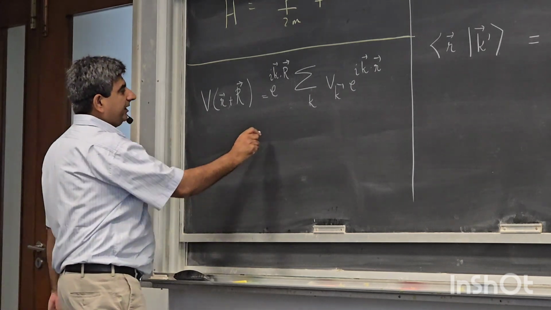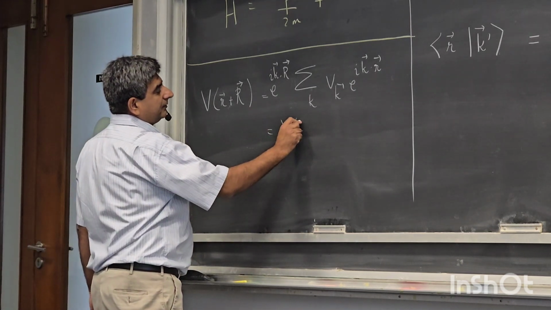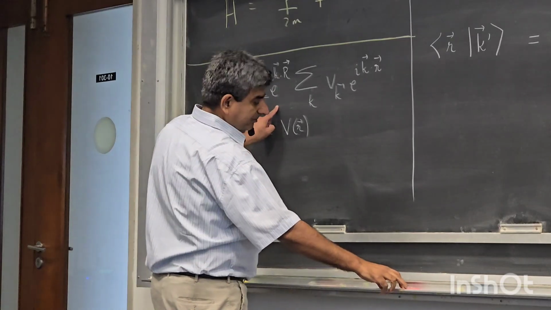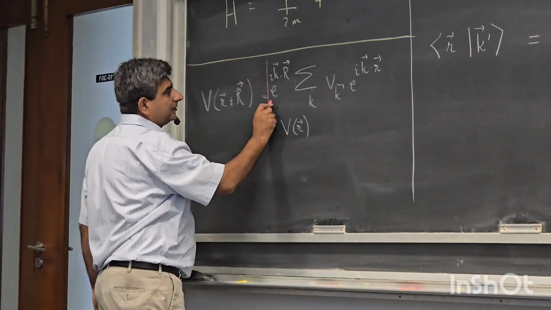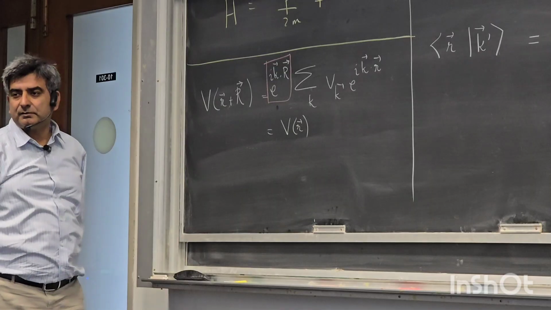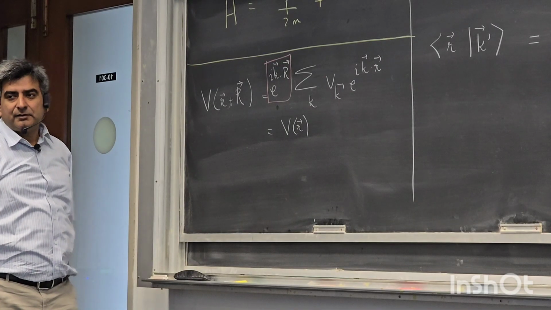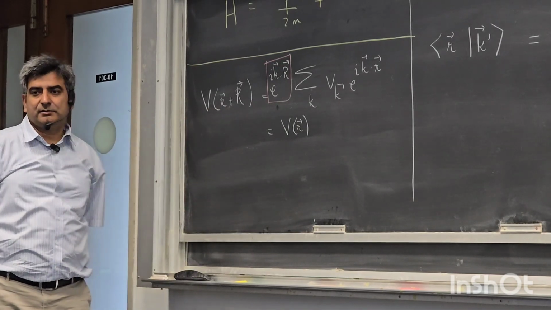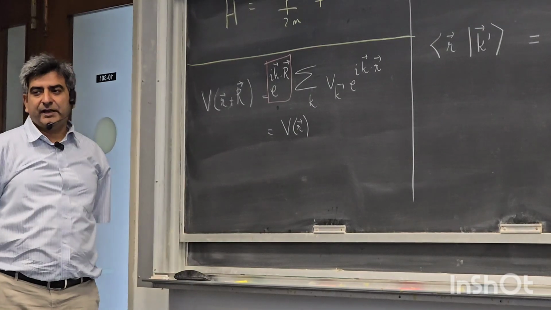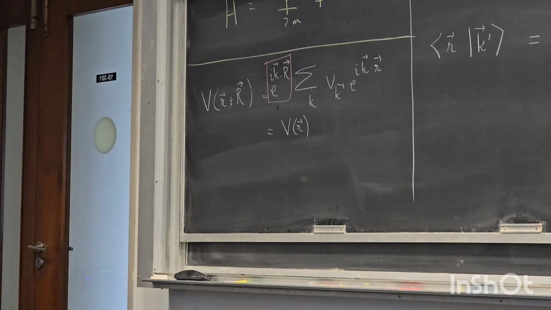But if this has to be equal to V(r), then it simply means that this term has to be equal to 1. So when is this equal to 1? When k is 0, that's one possibility. Multiples of 2 pi.